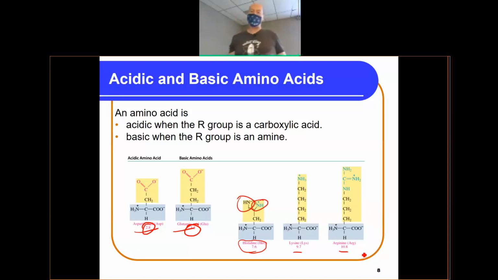So the pHs of your bases have a bigger range than the acids, which are both right at 3. All the neutral ones are right at 6. Your histidine is just barely above 7. Your lysine has an amine group, and then you have 3 nitrogens on your arginine, which has a pH of very much the highest at 10.8. All basic and acidic are polar R group side chains.